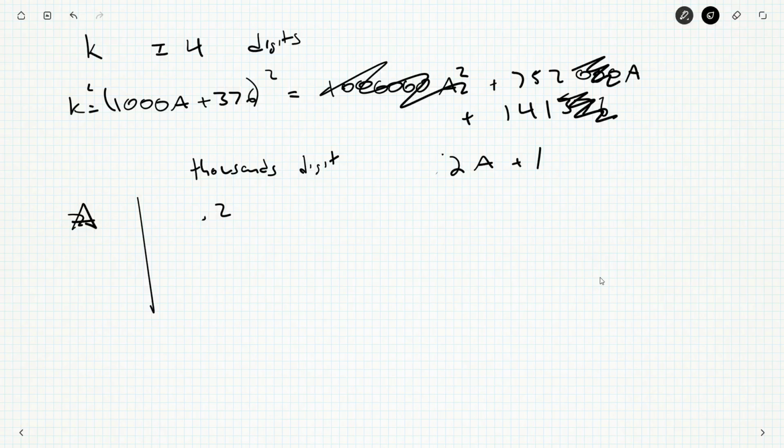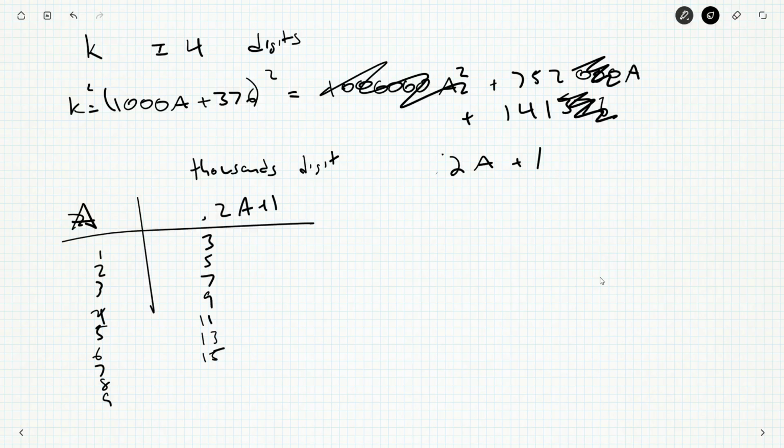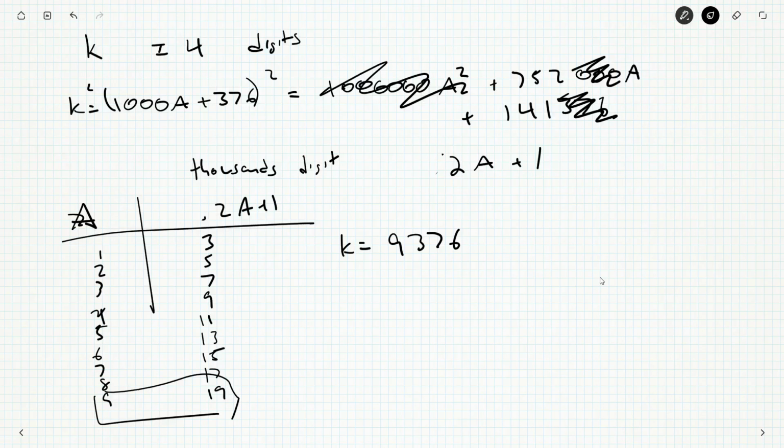So it's just going to be 2A plus 1 that we care about. 1, 2, 3, 4, 5, 6, 7, 8, 9. 2A plus 1: 3, 5, 7, 9, 11, 13, 15, 17, 19. So there we go. So 9376. And we just double check, 9376 squared ends in 9376.